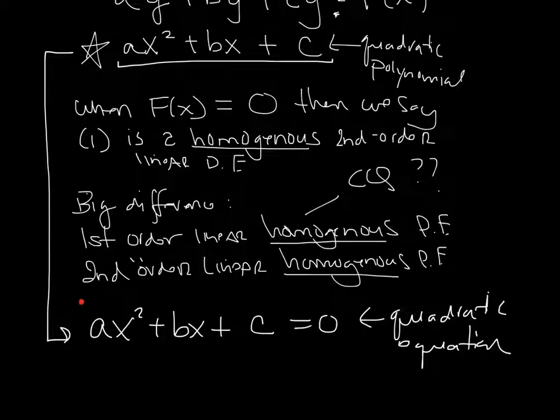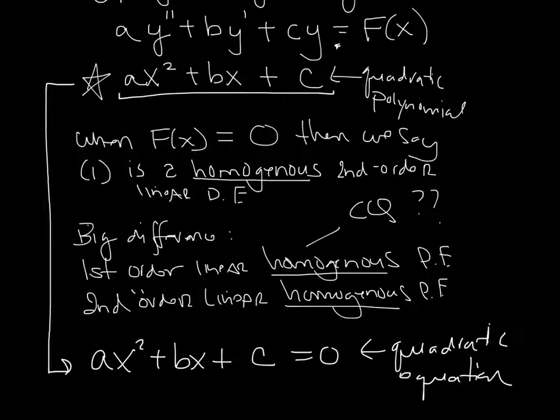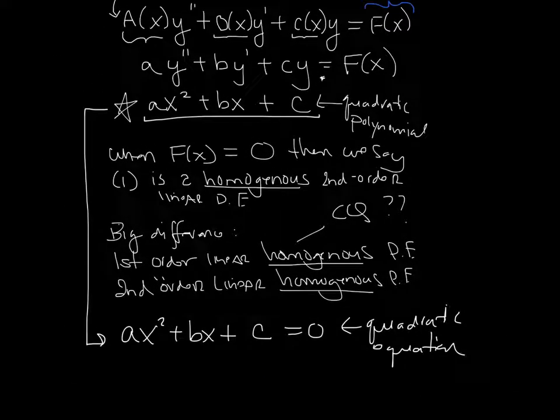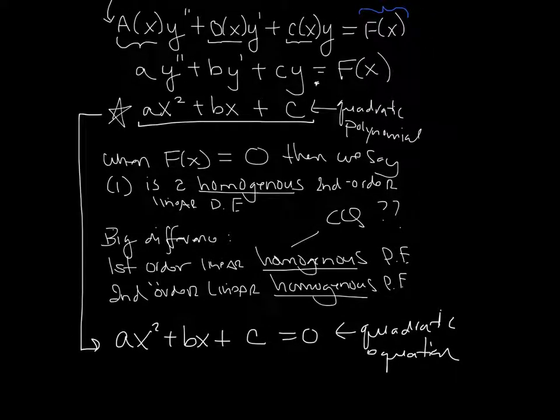Again, this looks very similar to our differential equation up here, of course with a 0. So we're going to use what we know to solve this differential equation. And this quadratic equation, the book actually calls it the characteristic equation.